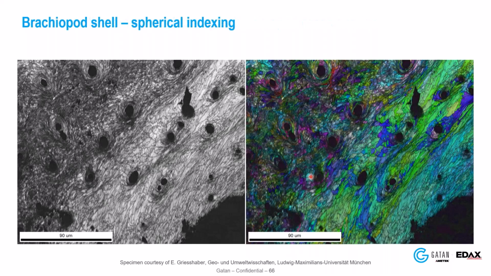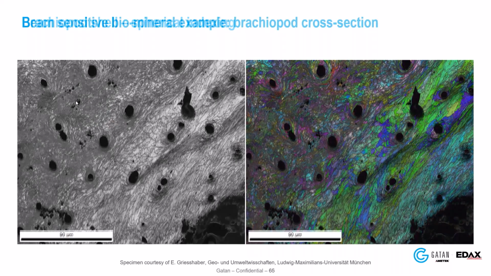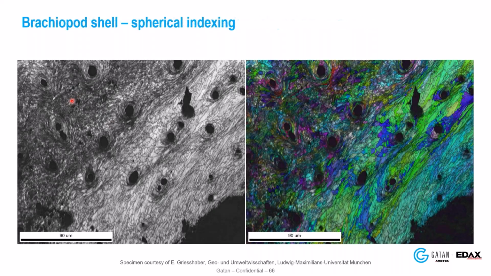And we run this with spherical indexing. Our correlation map, if I go back and forth again, you can see how much more of the structure starts to be defined on the left-hand side, and the right-hand side gets more detail visible. And then we're getting really good orientations throughout both sections of this cross-section of a shell.